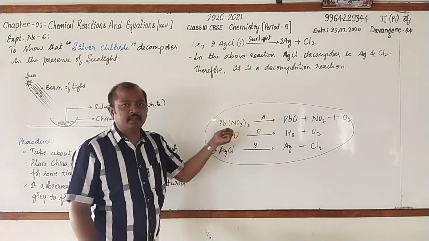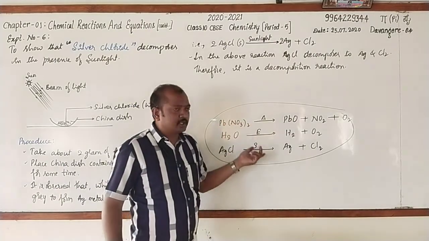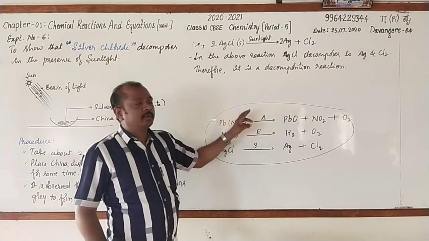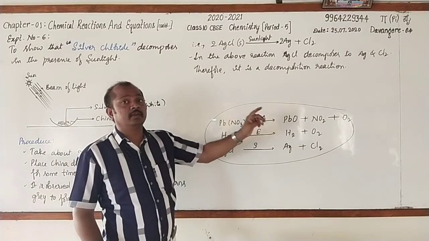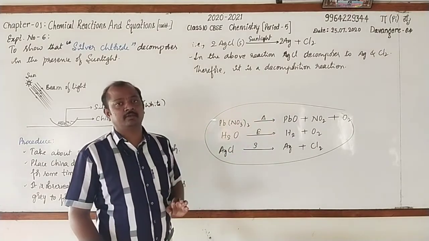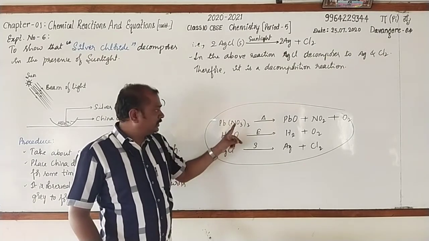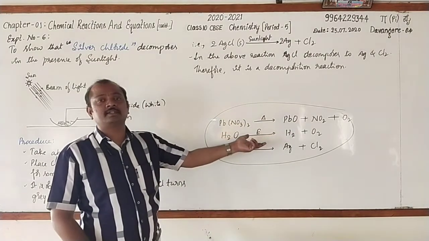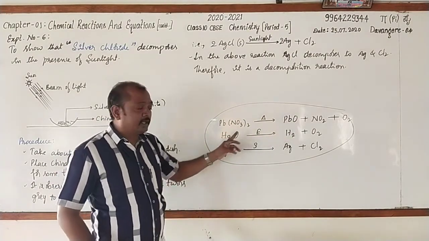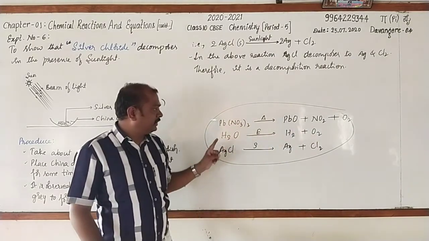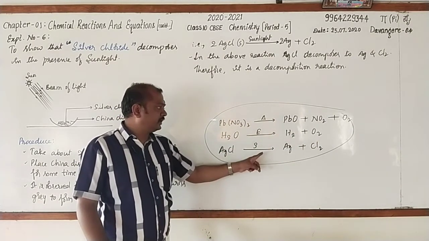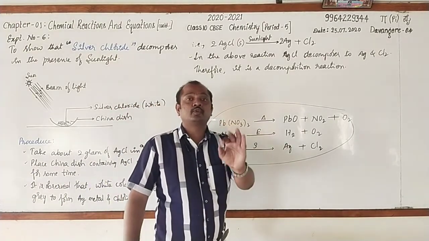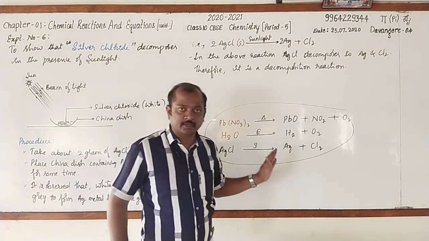Before that, I'll give you a bit of information about it. The decomposition reaction which is carried out by supplying heat is called thermal decomposition. Second one, the decomposition reaction which is carried out by passing electricity is called electrolysis, and the decomposition reaction which is carried out in the presence of sunlight is called photolysis or photochemical reaction.